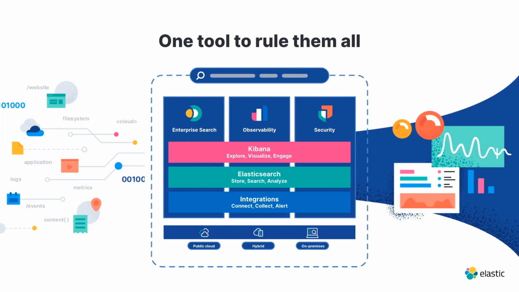The other use case is observability. This is where you collect logs from your applications and systems, or metrics from your infrastructure or application data, to make sure that all the systems are healthy and everything is up and running. That's observability. And the last business solution is security.